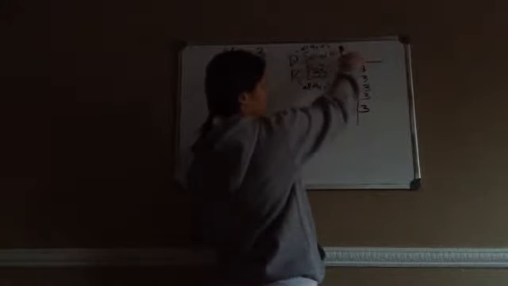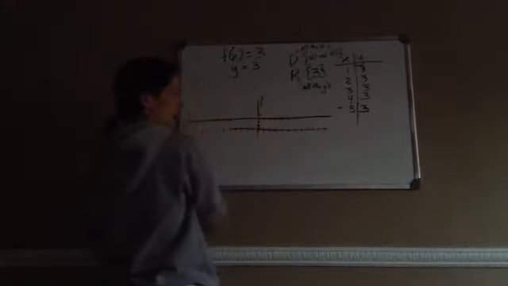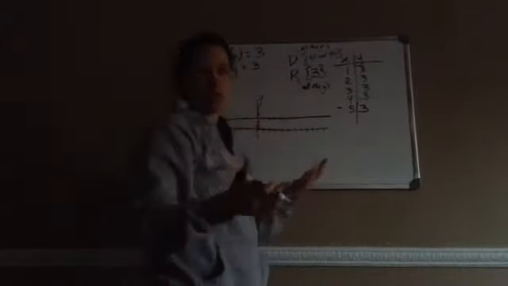So domain is x's, so we can put any number in, and we put all real numbers. But for range, that's just the y's, and no matter what we do, the y has to be 3. So the range is only just 3. That's the difference.